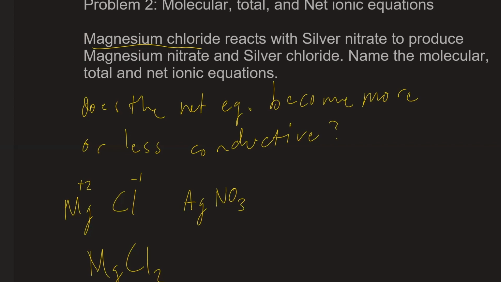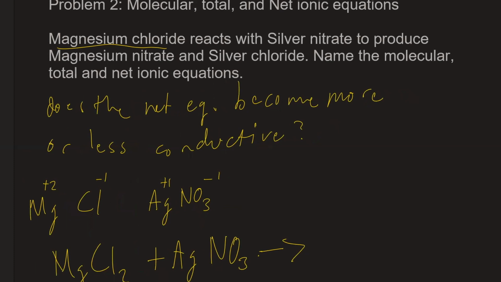Since I didn't have any Roman numerals for this one, just assume it's a +1 charge. So we have a +1 for silver and a -1 for NO3, so we have AgNO3.